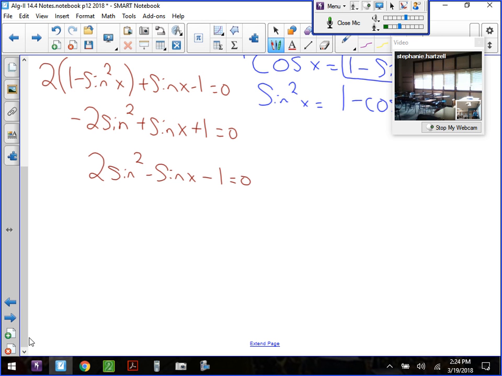What times what is negative 2, and you add together to get negative 1? Negative 2 and 1, very good. And now we can split the middle term out. What times what is negative 2, and you add together to get negative 1?